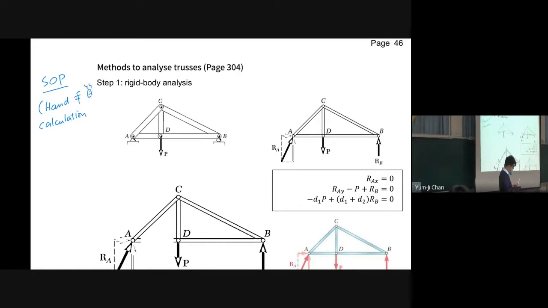But if you use a computer to do calculations, we have another SOP. In the examination, of course, we will have hand calculation. So we have this 2-step SOP here. Step 1 is here, and step 2 is here.